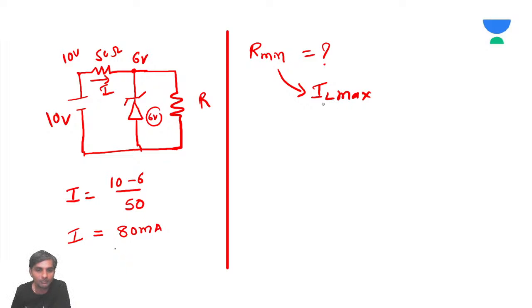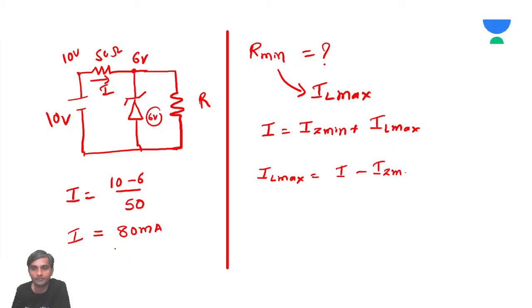When IL is maximum, the total current I is going to be IZ minimum plus IL maximum. So from this we need to calculate IL maximum. So IL maximum is going to be I minus IZ minimum.